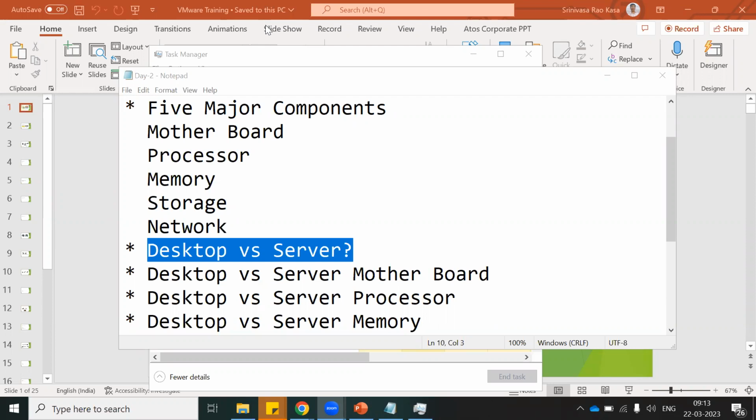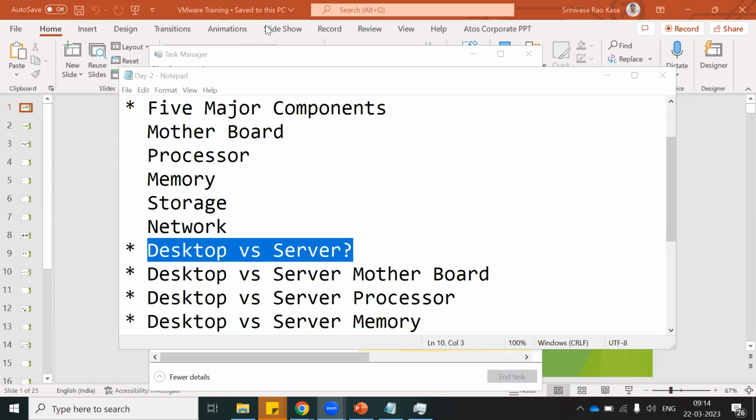How many sessions are going to be established? If I don't maintain proper hardware for each user, that IRCTC website is going to choke. It is not going to respond, and I'm not in a position to book the ticket. So I need to make sure the underlying hardware is high performance to support that many user sessions, right?